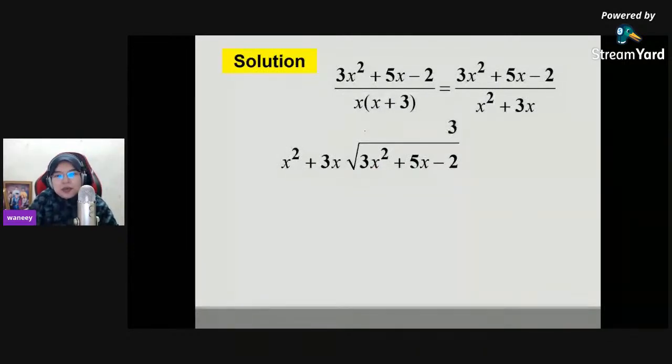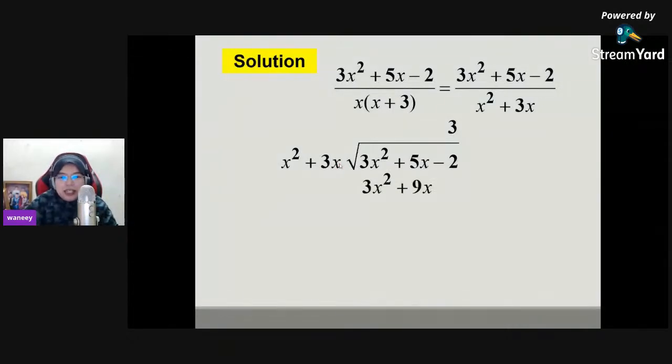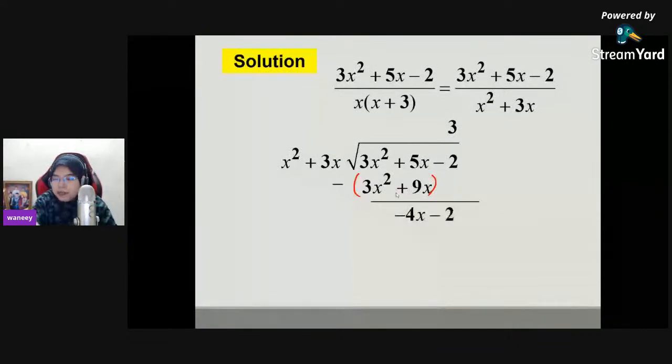So x squared times with 3, it will become 3x squared. 3x times with 3, so it will become 9x. And then simply minus them. So what do you have is 3x squared minus 3x squared, so 0 then. 5x minus 9x, so it will become negative 4x, negative 2.